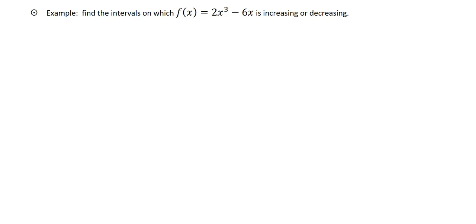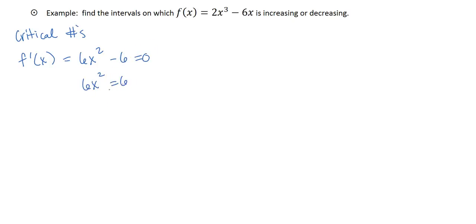So looking at another one of these, I'm going to find my critical numbers. So I'm going to find the derivative f prime of x is going to be 6x squared minus 6, and I'm going to set that equal to 0. So I get 6x squared equals 6, x squared is 1, so x would be plus or minus 1.